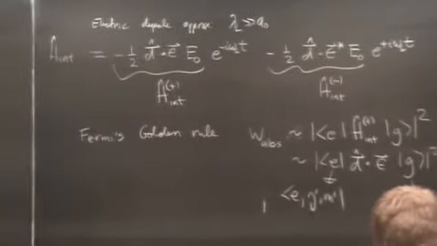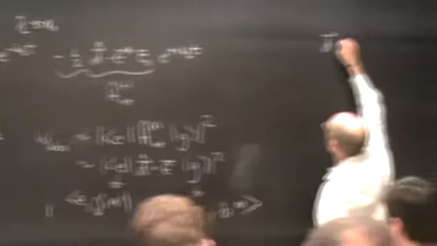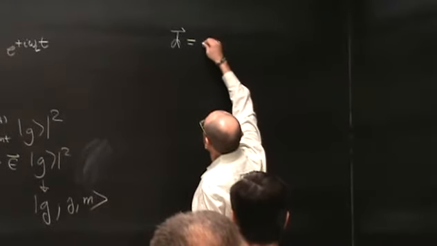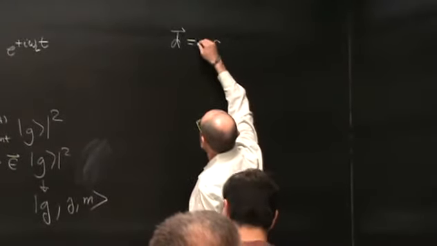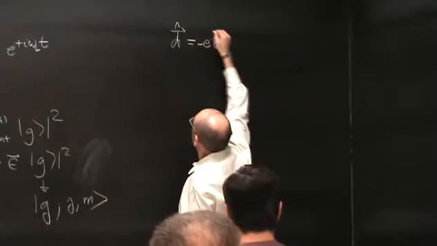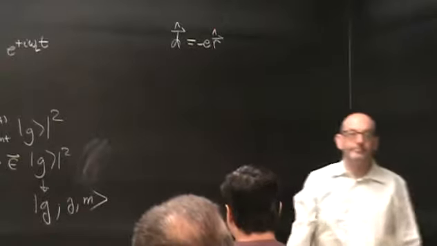So now d, of course, is the charge of the electron, or the single electron, times position. This is my dipole operator.